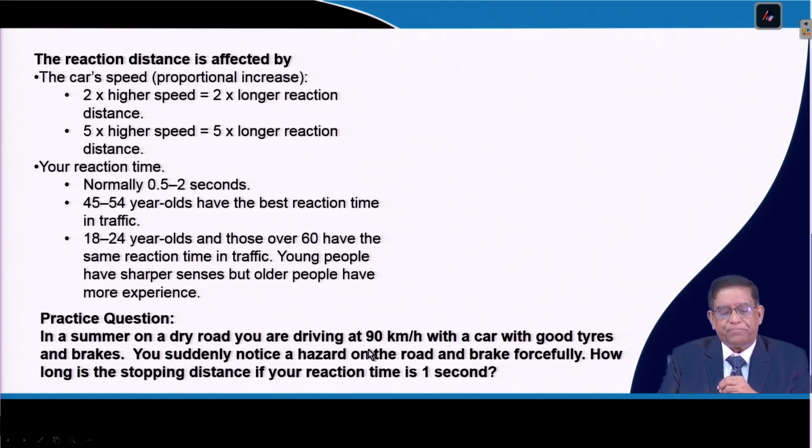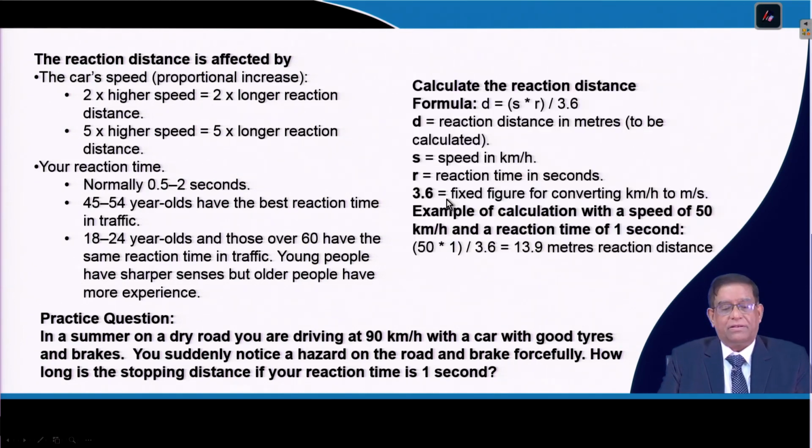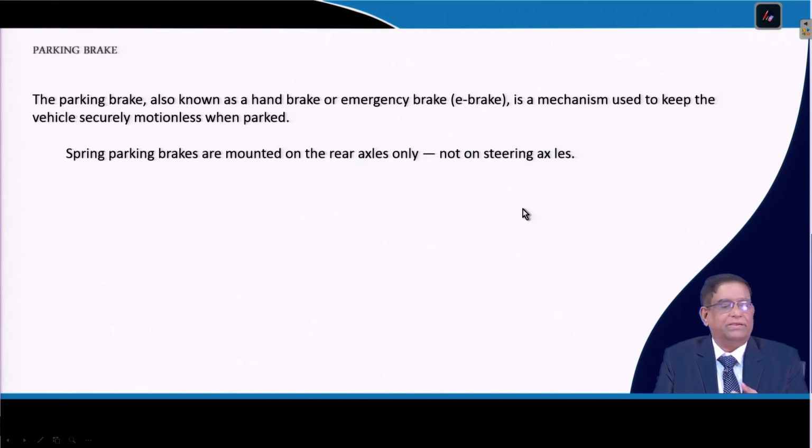Say you are running at 90 kilometers per hour, and suddenly you notice an obstacle on the road, and your reaction time is 1 second. You must know whether you are able to avoid the obstacle or you will be hitting it. Such problems can be easily solved by taking the reaction distance, and depending on whether your reaction time is 1 second or 2 seconds, you can calculate your risk level.